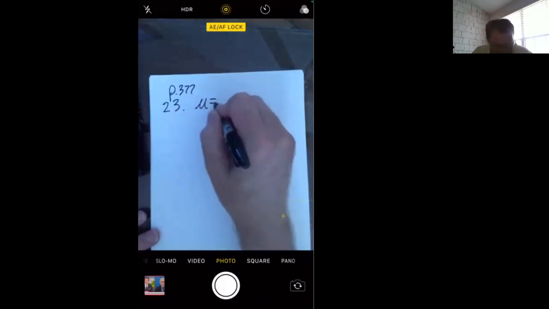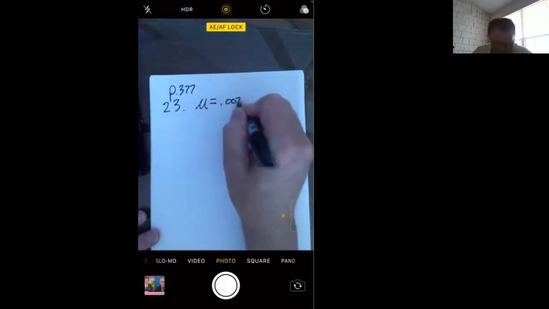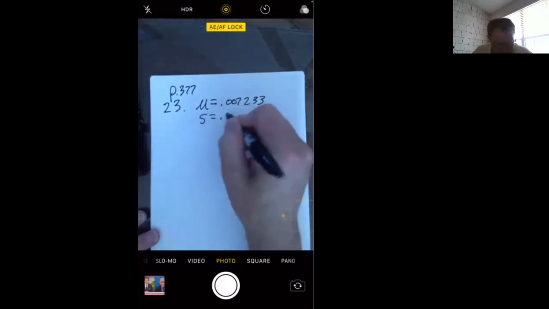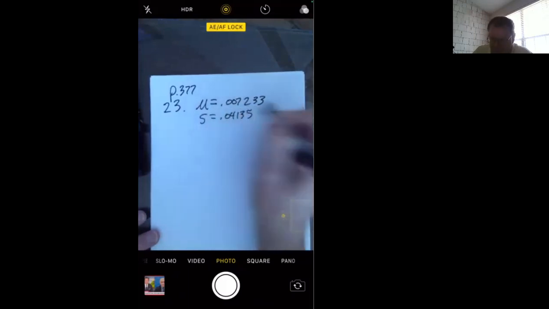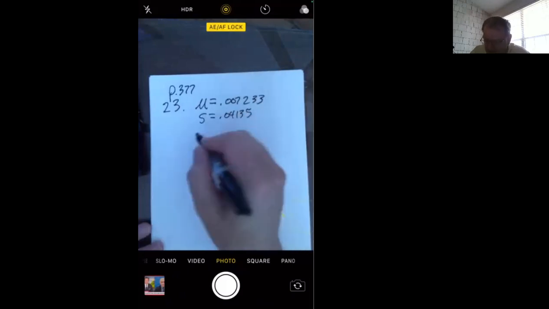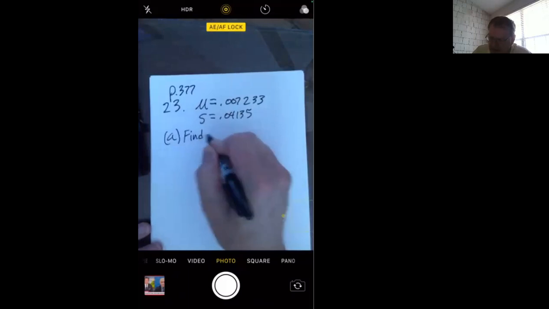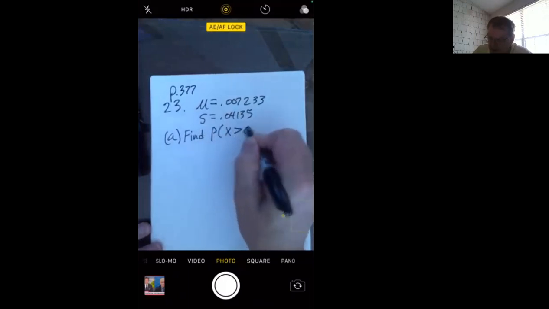The mean rate of return we're going to use is 0.007233, and the standard deviation is 0.04135. What is the probability a randomly selected month has a positive rate of return? They try to help you out by telling you to find x greater than 0.